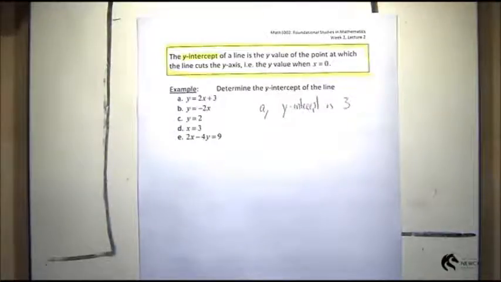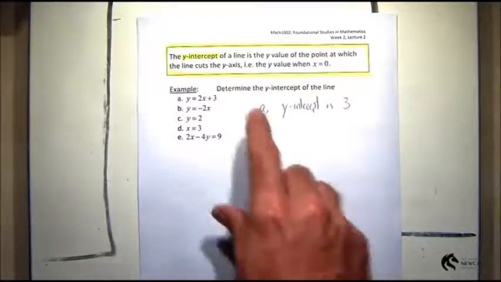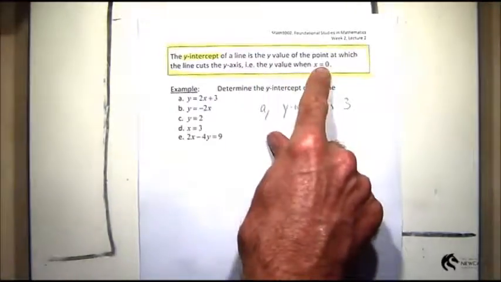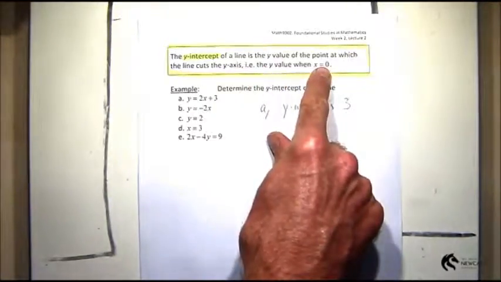So to determine the y-intercept, all you have to do is substitute x equal to 0 into the equation. That will give you the y-intercept, i.e. the y value when x is 0.